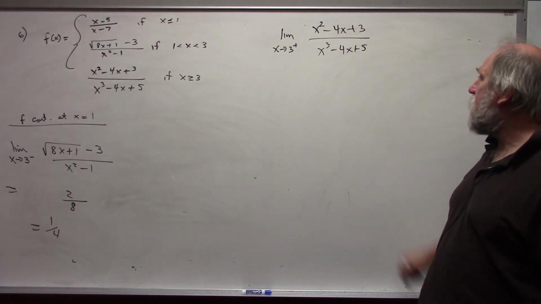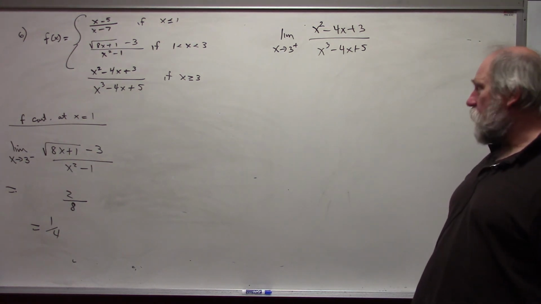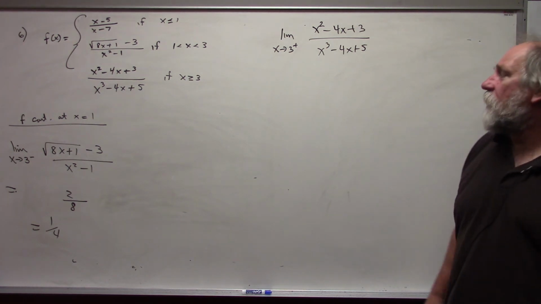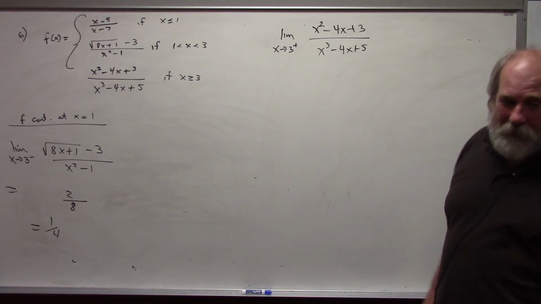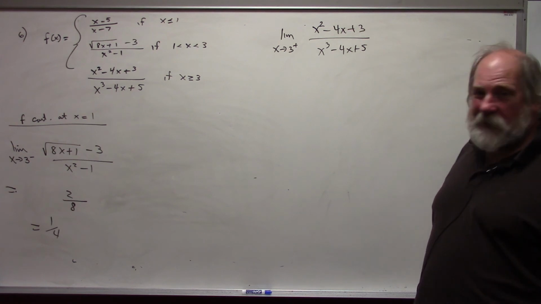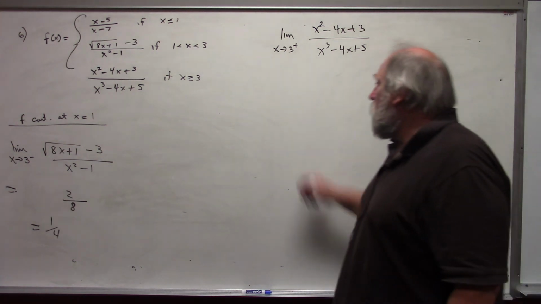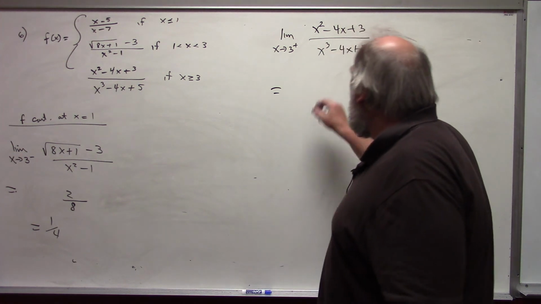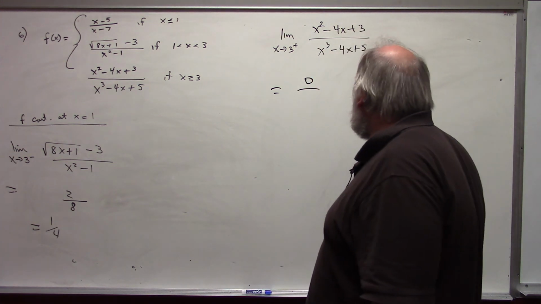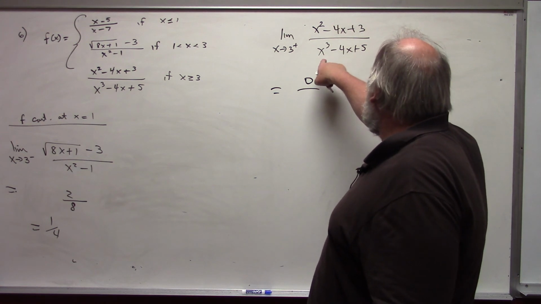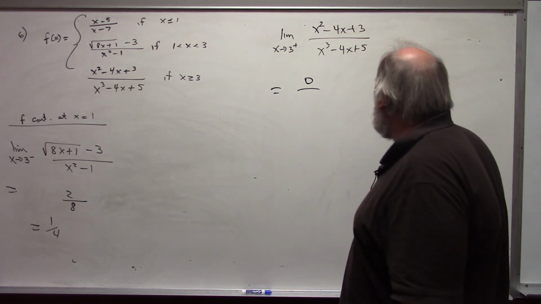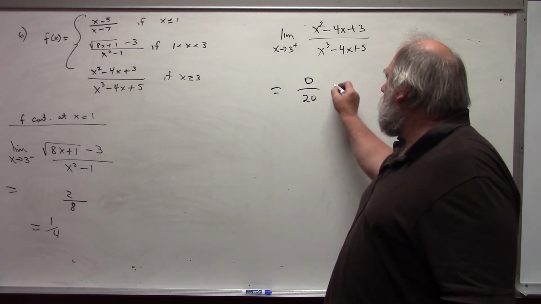This denominator does not approach 0. 27 minus 12 plus 5. So again, this is not a problem. It's not an indeterminate. It's not infinite. We can just go ahead and evaluate it. My numerator, however, is 0. The denominator, let's see, 27 minus 12 is 15 plus 5 is 20.